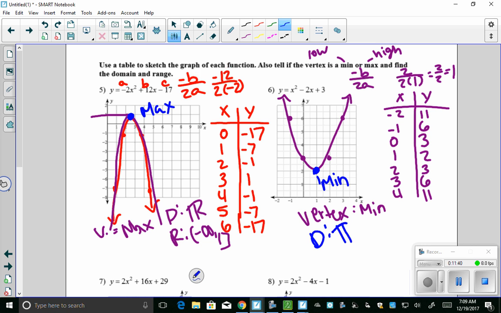Domain, all real numbers. Just about everything we graphed so far has been domain is all real numbers. My range now is going to be 2, because it's a min, to infinity.